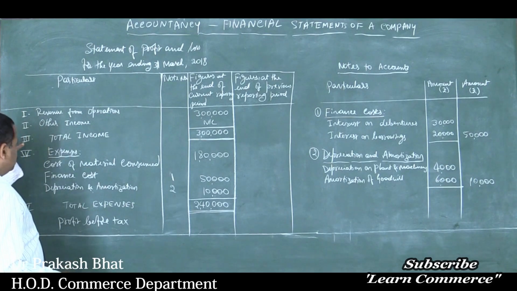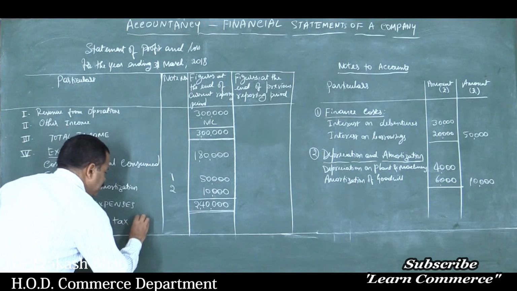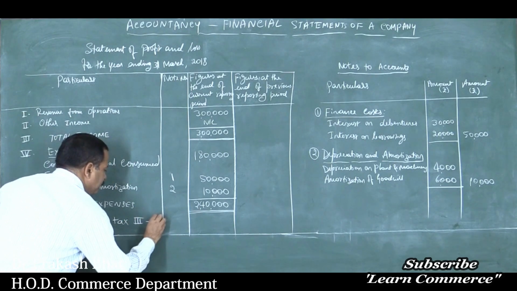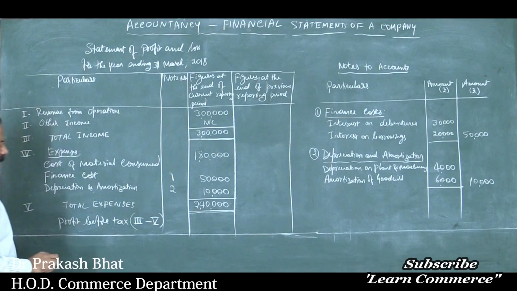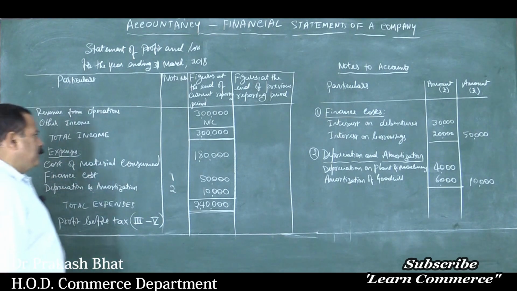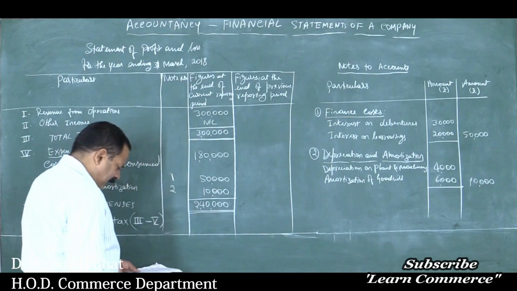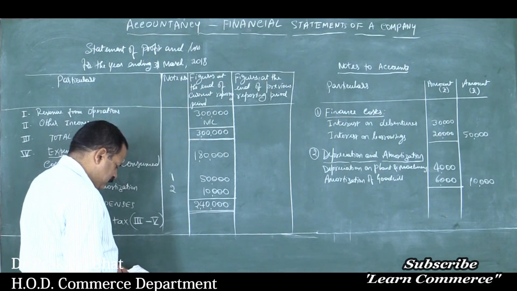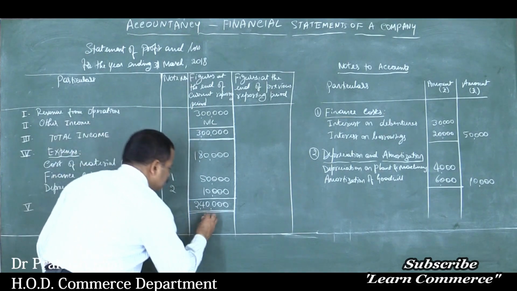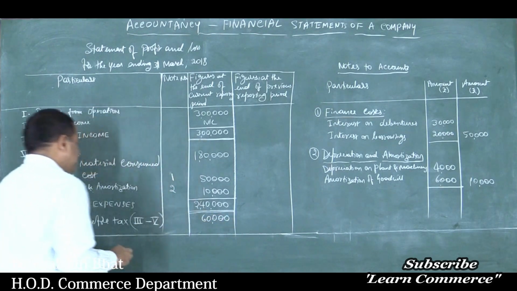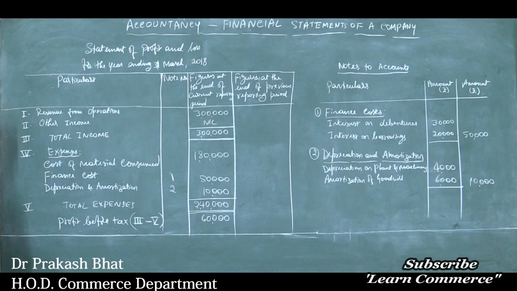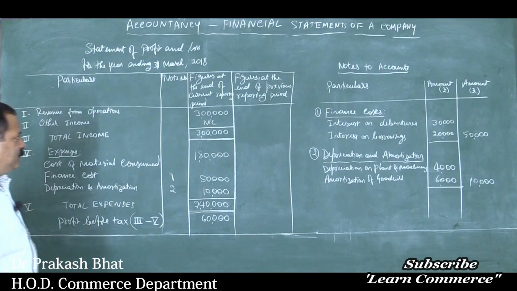Roman 3 minus 5, correct? How much will it be? 60,000, is that correct? Yes. 60,000, that is PBT, profit before tax.